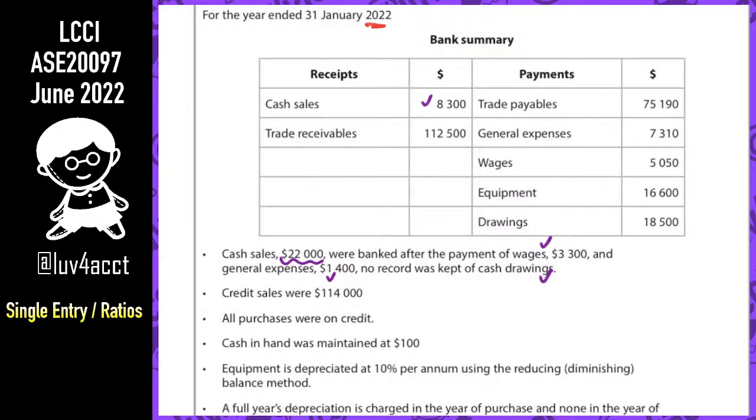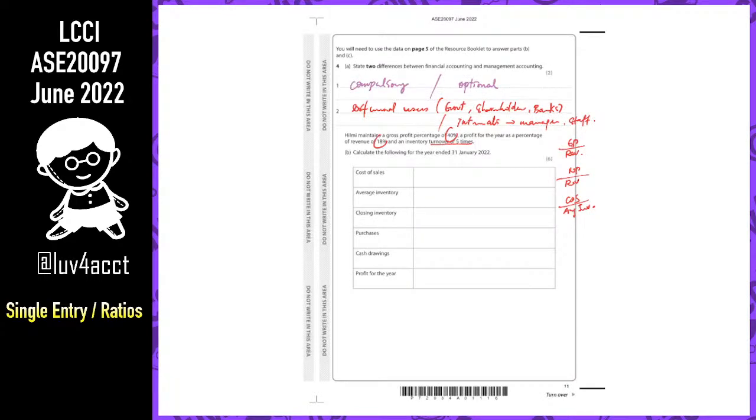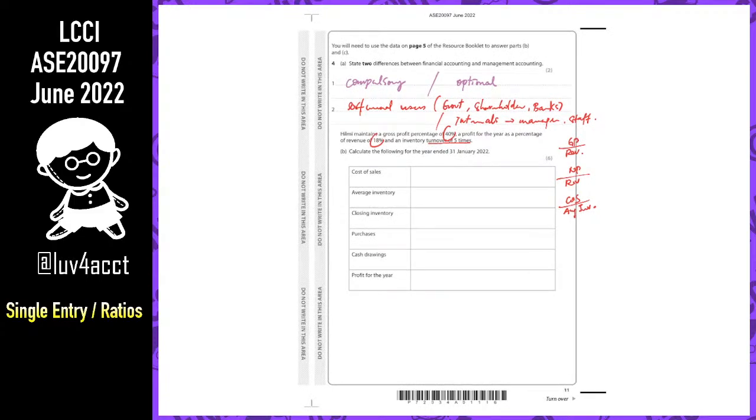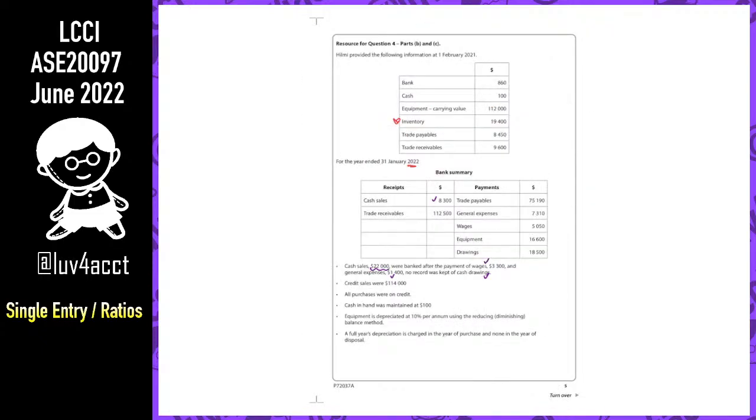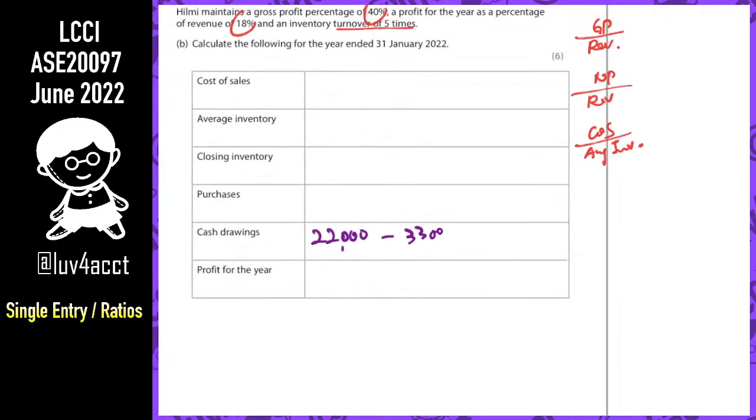Okay, 22,000 less 3,300. Let me remember the items. I forget immediately. How much? 22,000, is it? 22,000 less 3,300, and then how much? 1,400.